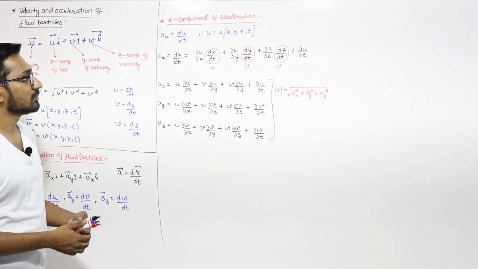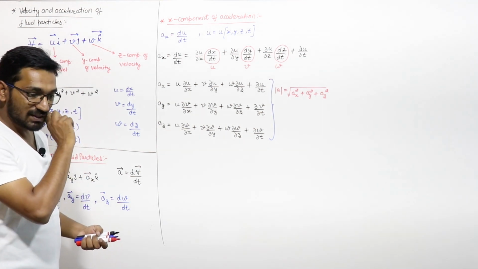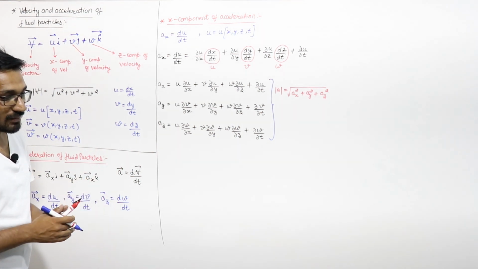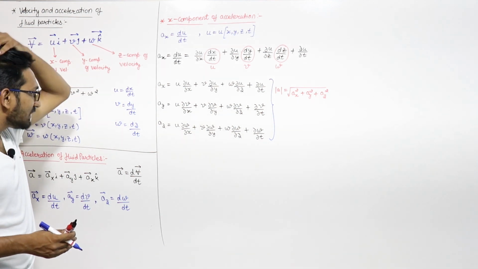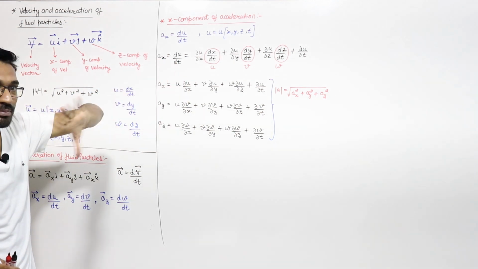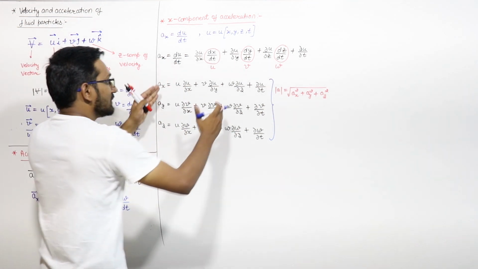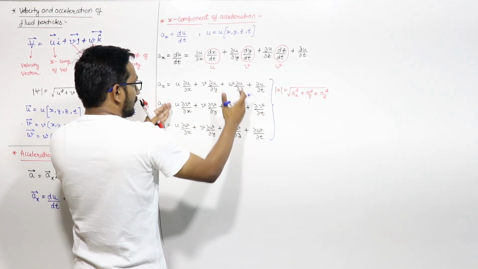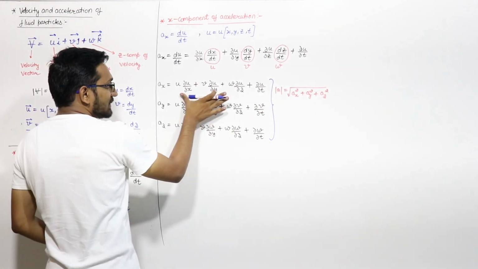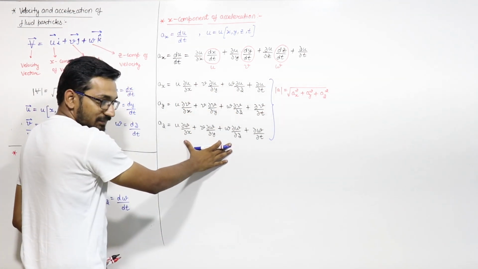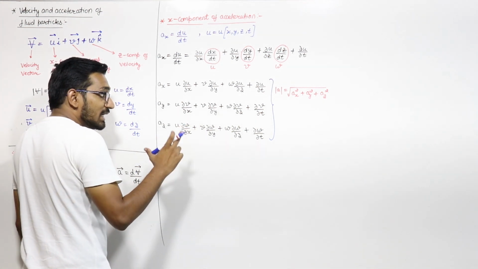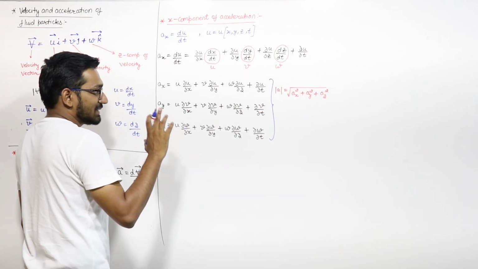Now comes the most important concept. Please pay attention here. You can see from here that the acceleration formulas have two kinds of components. One is these components, another one is these components. These first three components are the acceleration because of variation of velocity in space.